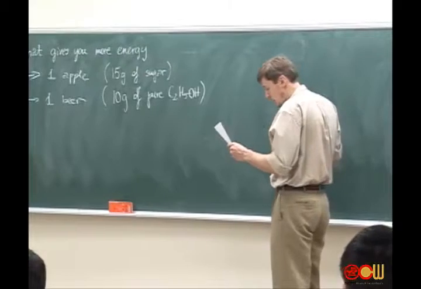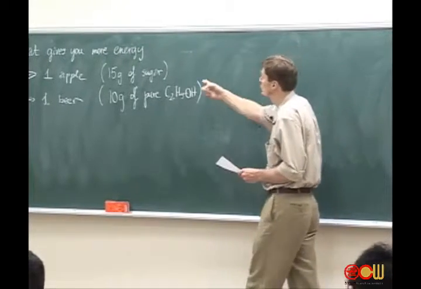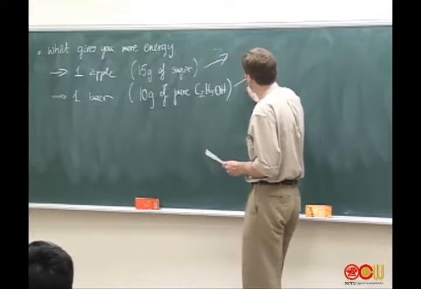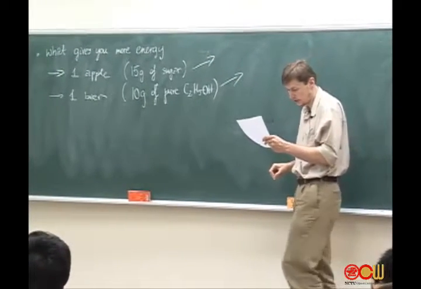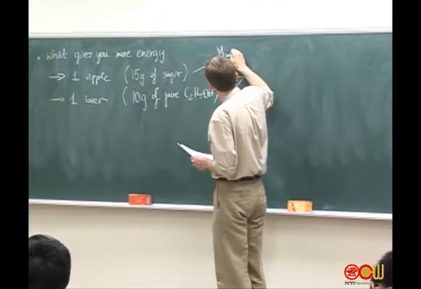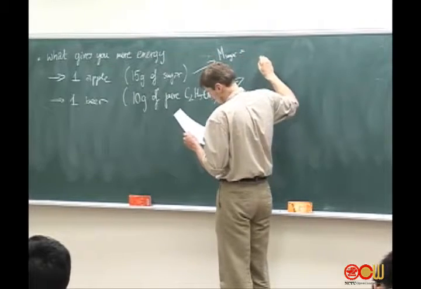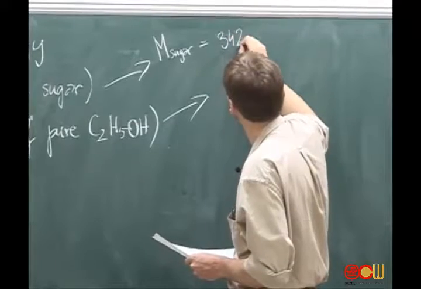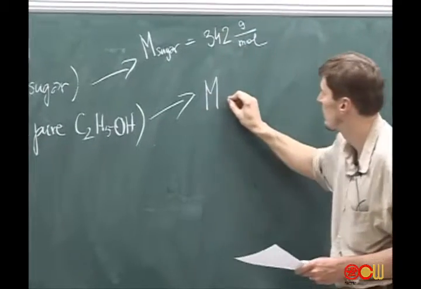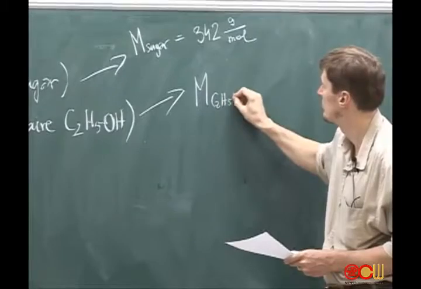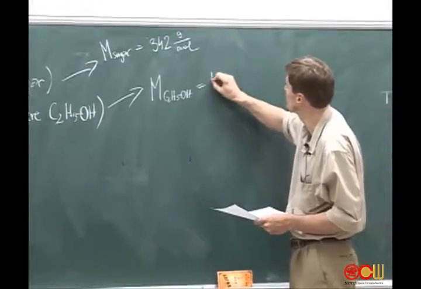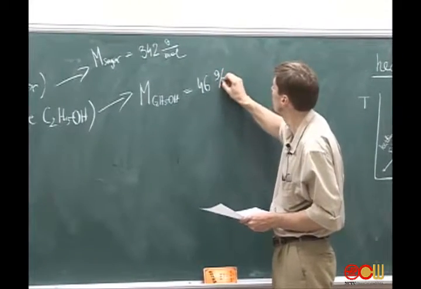Now, we need the following things. We have to know how much in moles the sugar is and how much in moles the ethanol is. Turns out that the molar mass of sugar is equal to 342 grams per mole, and the molar mass of ethanol is equal to 46 grams per mole.